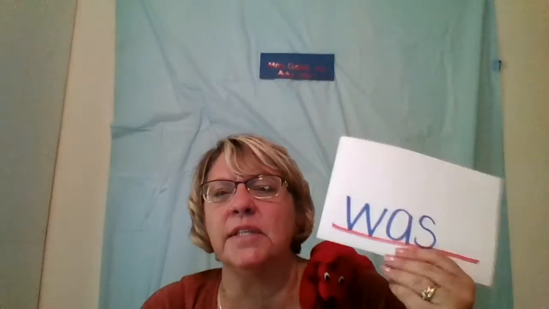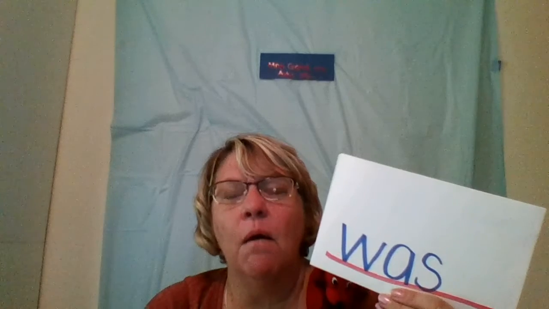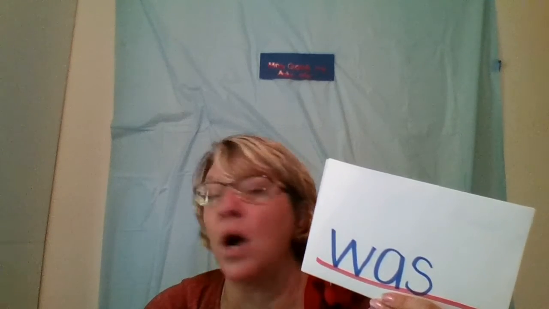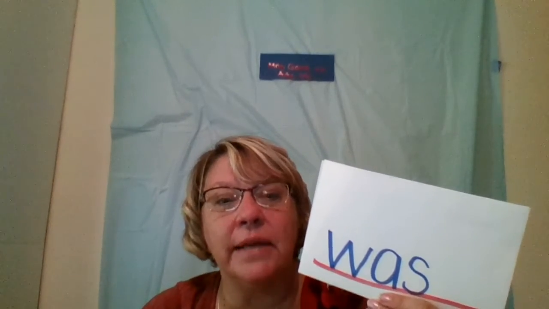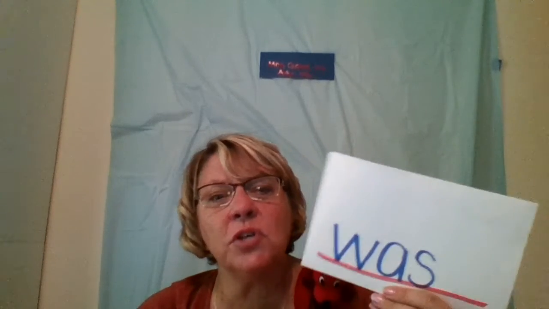Yeah, let's think of a sentence with the word was in it. I was going to go to the store today. I was playing outside yesterday. So those are some good sentences for the word was. So what we're doing today is we are teaching your brain this word so that when you see it, you just know it.